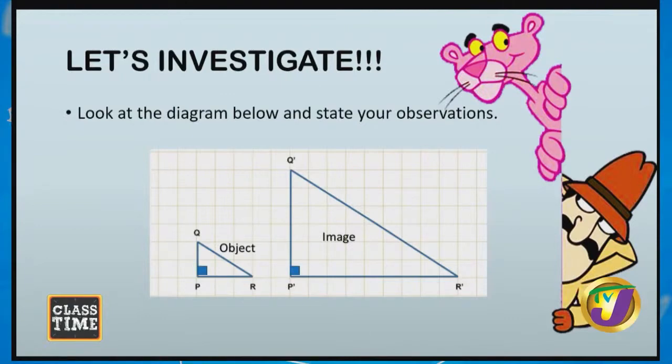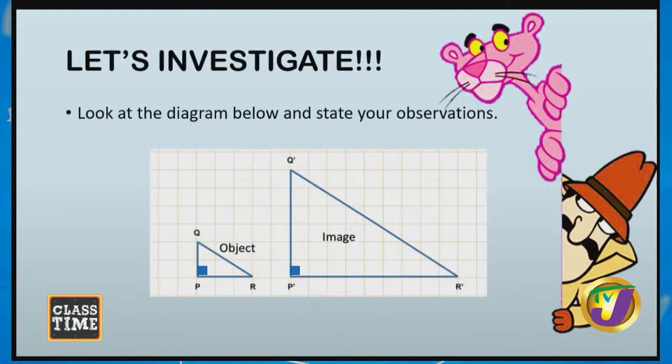I am seeing that for the line segment PQ, it seems to be 2 units long, and for PR, it seems to be 3 units long. If I move over to my image, I can see that P prime Q prime is going to be 6 units long, and P prime R prime is 9 units long.